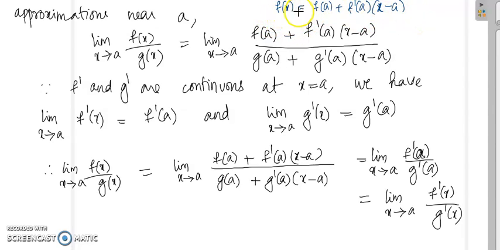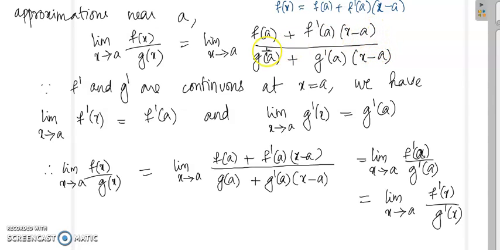So if our function is differentiable about a point a, the function will be approximately equal to f of a plus f dash of a into x minus a. Same, g is differentiable, so g can be also put in the form g of a plus g dash of a into x minus a. So this limit will be approximately equal to this limit.